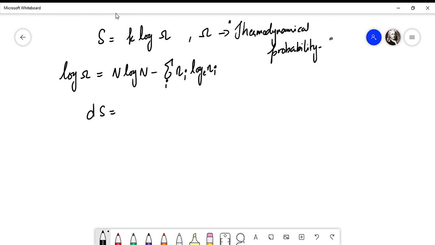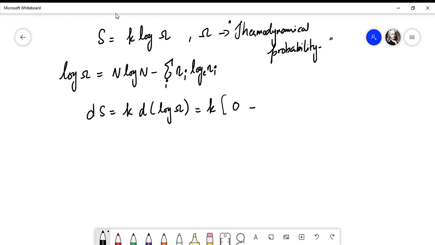I'm computing a change in S here, so k is a constant, and I have to differentiate this, right? So log of omega, then I can write this as k. When I do this calculation, I know for a fact that the change in the overall particle number is 0, so the first part simply becomes 0, right?